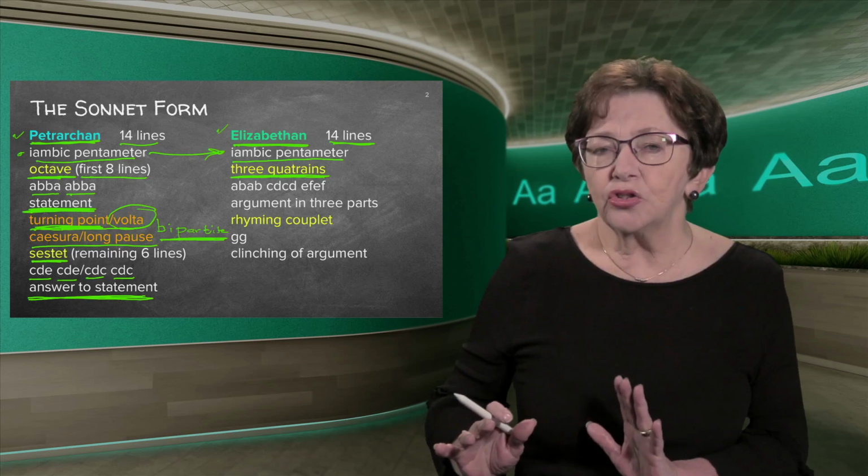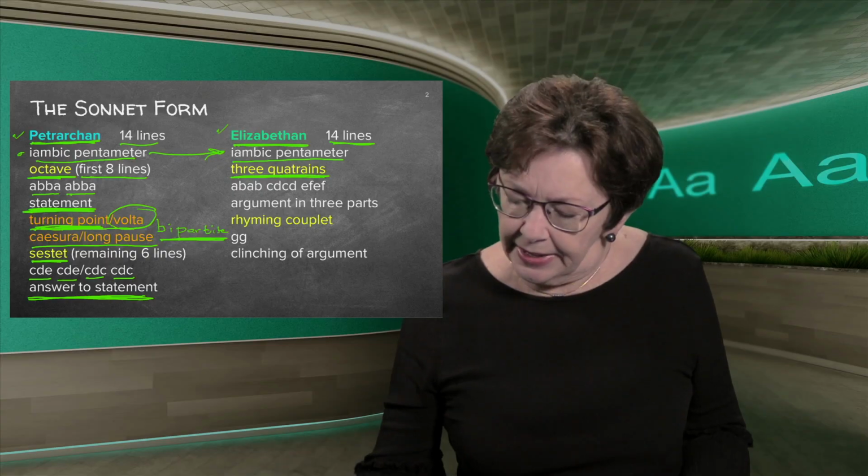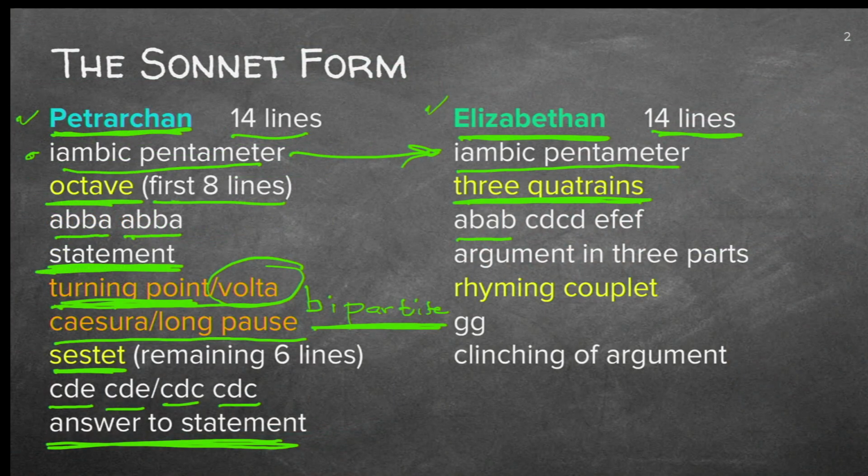So you can see that the structure is totally different. So we've got A, B, A, B, first quatrain. C, D, C, D, second quatrain. E, F, E, F, third quatrain. And then we've got the rhyming couplet, which is G, G.